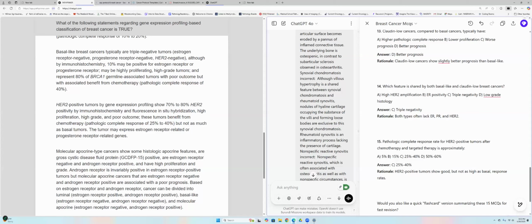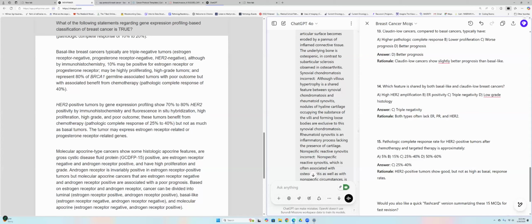Because they exhibit stem cell-like properties. They behave like stem cells. They have not matured to terminally differentiate to be able to express ER, PR, and HER2. So they're going to be triple negative. Stem cell like. Okay.